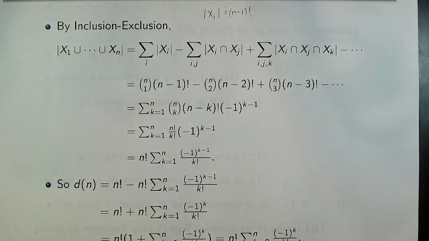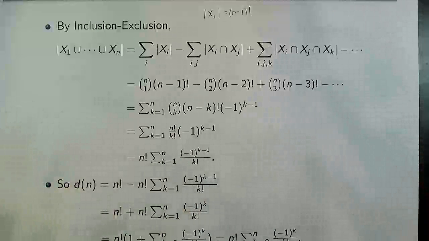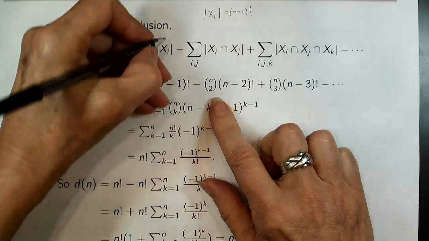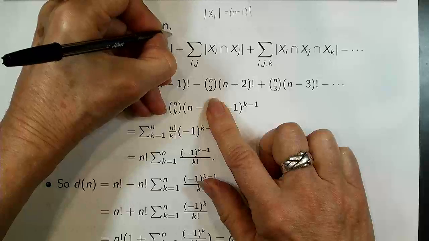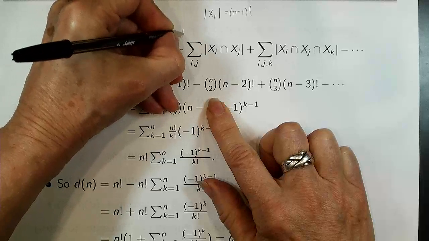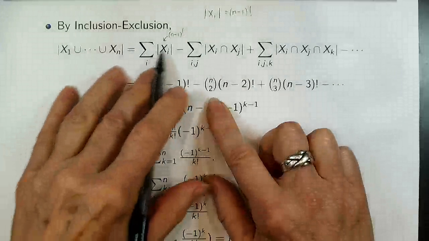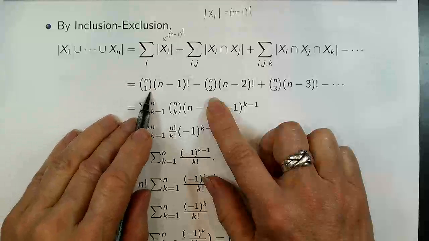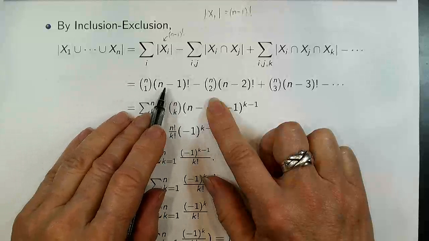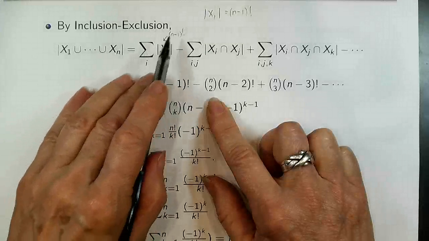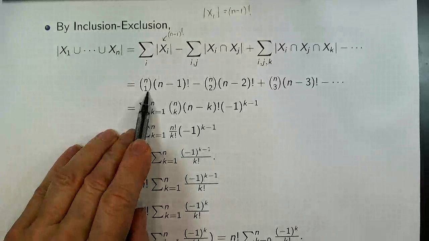Right idea. Now, it doesn't matter whether it's x1 or x2 or x whatever, does it? It's the same argument for each of them. So each of these is n minus 1 factorial. How many of them are there? Well, there are n sets. N choose 1 is n, so it's n lots of those, and that's how we get that there.